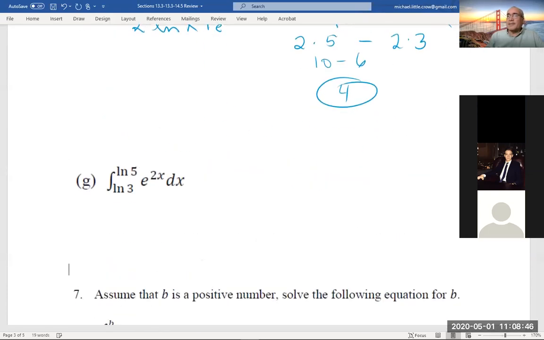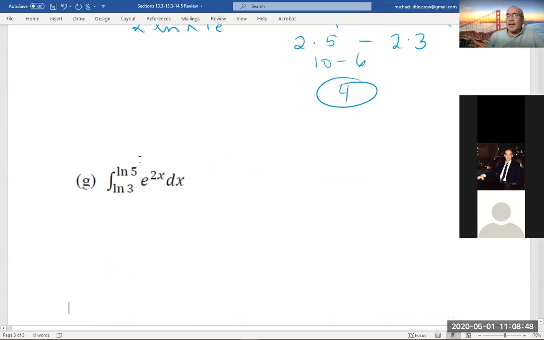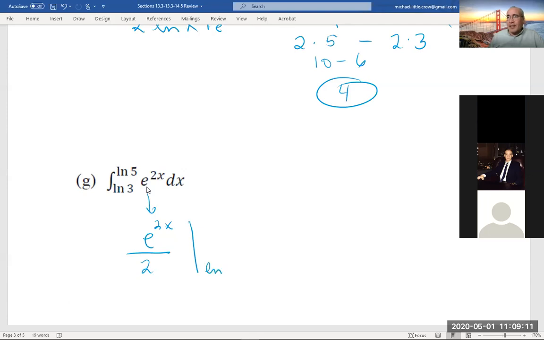Okay, almost through these. And we're going to see similar things when we have natural logs and e's, those things cancel out. So it's going to look similar, but this part integrates into e to the 2x divided by, think about it, you're right, 2, because that's that exponent. And then again, we're going to go from natural log of 3 to natural log of 5.